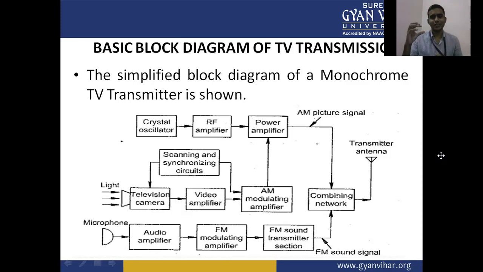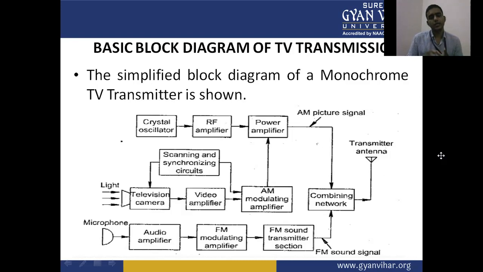This electrical voltage and current is applied to the audio amplifier, which feeds the signal to the FM modulating amplifier. The FM modulating amplifier is an amplifier which frequency modulates the audio signal.